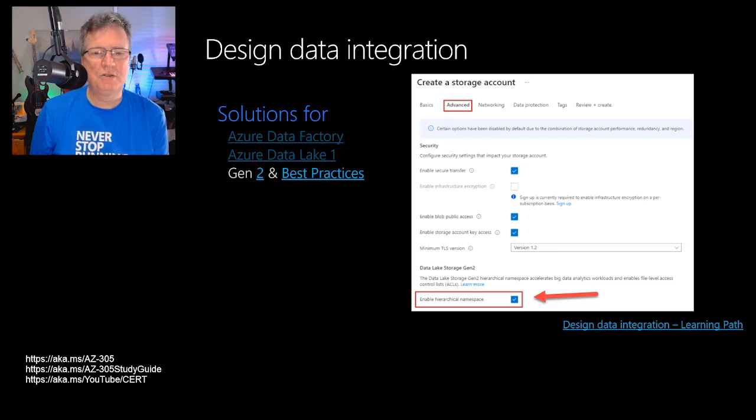Data Lake Gen 2 offers low-cost storage capacity and transactions. Features such as Azure Blob Storage Lifecycle optimize cost as data transitions through its lifecycle. The Azure Blob File System, or ABFS driver, is optimized specifically for big data analytics.